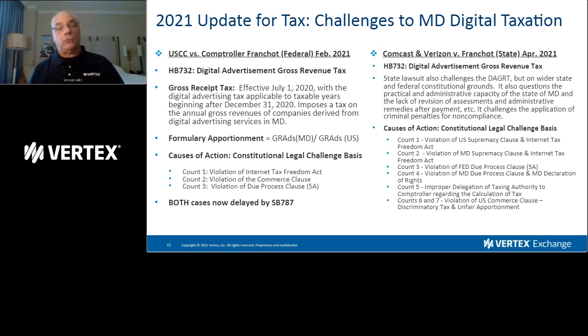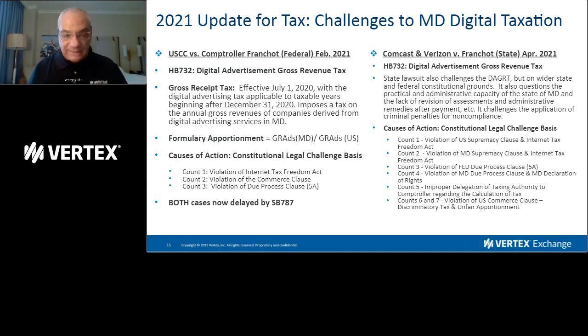However, if you look at the right-hand side, the constitutional legal challenges within the Maryland constitutional system are even broader, right? They also violate the U.S. Supremacy Clause and the Internet Freedom Act, again because of the federal constitution, and the Supremacy Clause of the Maryland Constitution, so you see U.S. and Maryland.